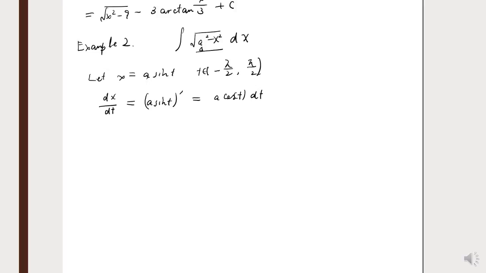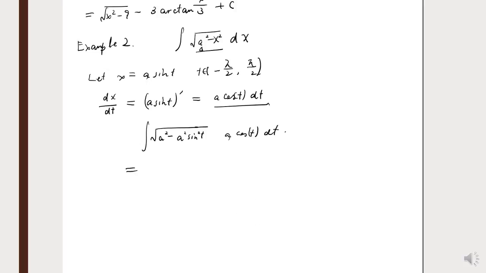All right, so let's put this in. We have this A cosine t dt, and here we have A squared minus A squared sine squared t.